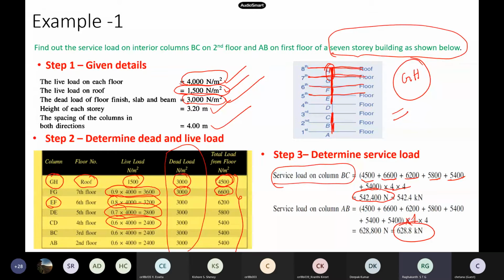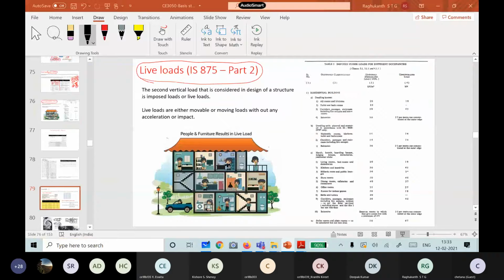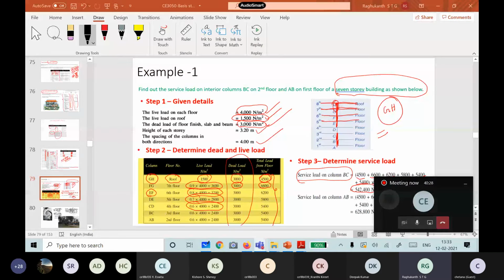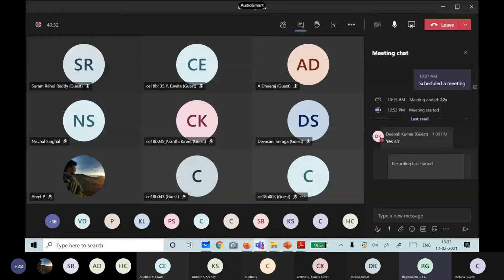How much will be the load on GH? Are you there? All of you are there, right?